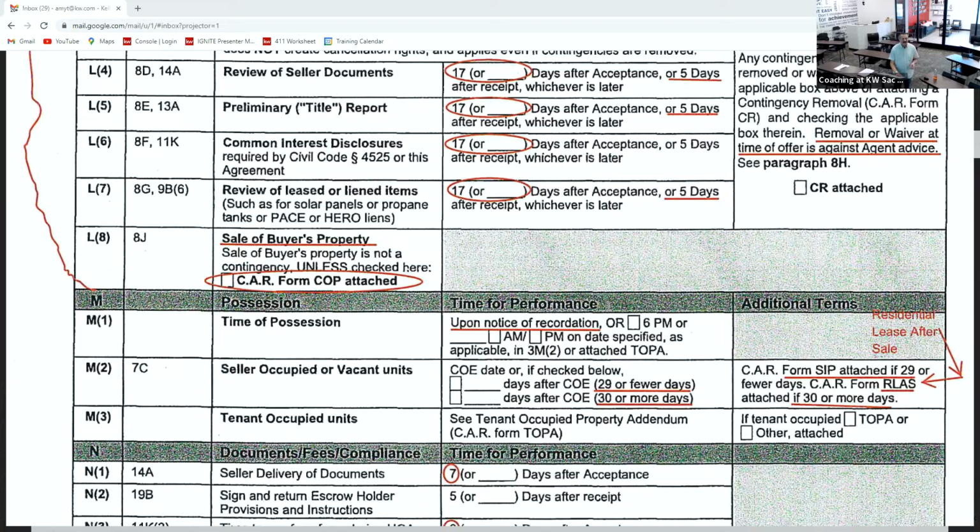Typically, something will happen like this: prior to funding, a lender will often do a final employment check on the borrower, or they'll do an updated credit report.